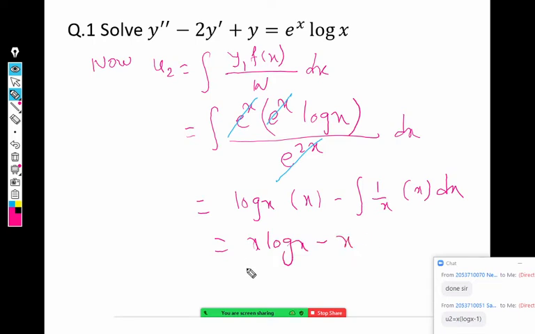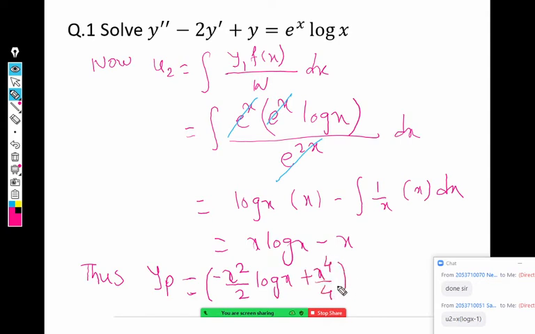So that is u2. So we have u1, u2, y1, y2. Thus yp will become, which is u1, so I am not able to remember the value of u1, so I think minus x square by 2 log x plus x square by 4 is u1, and y1 is e raised to x. Sir, x square, you have written x to the power 4. Yes, correct.